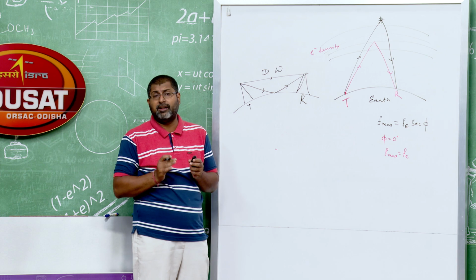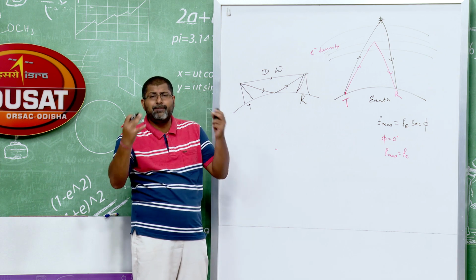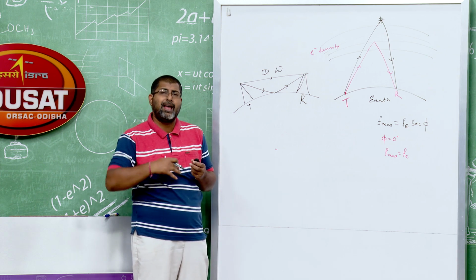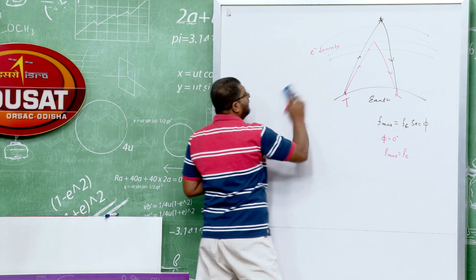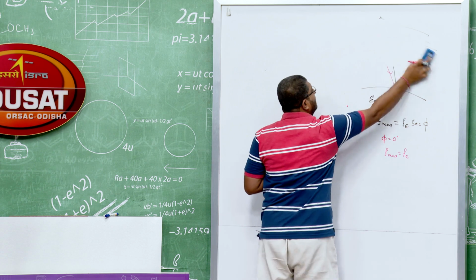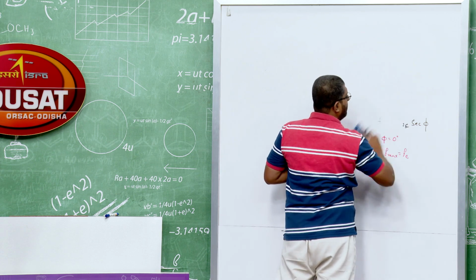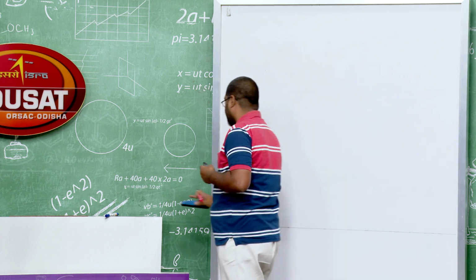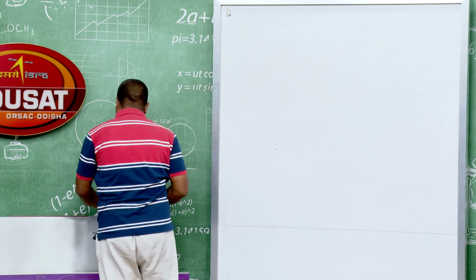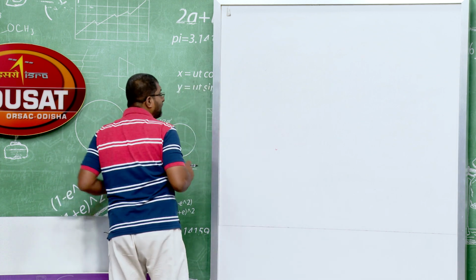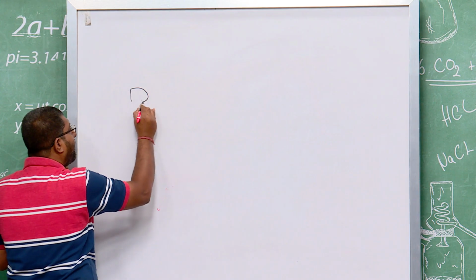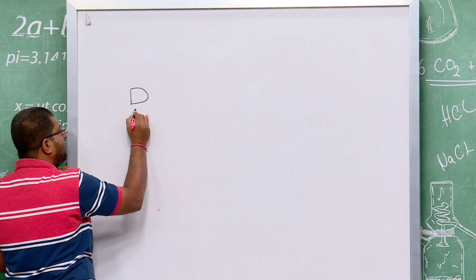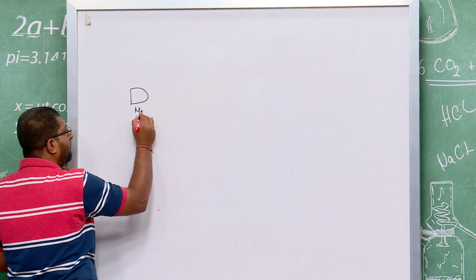Now, with this idea of modulation and radio wave communication, we are in a position to discuss how a simple transmitter section works and how a simple receiver section works. First, the transmitter section. This is a microphone.